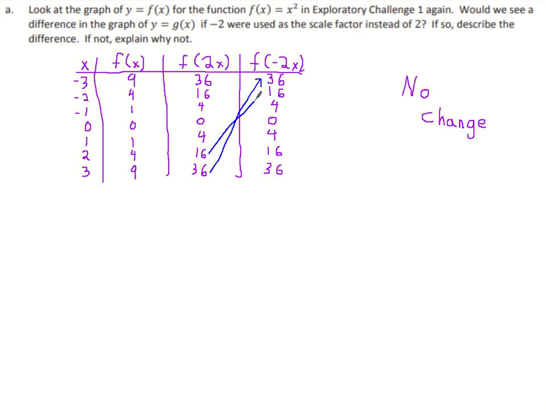This 16 is actually going to be that one. This 4 is that 4. 0 is still 0. This 4 is actually that 4. This 16 is actually this 16. And this 36 is actually going to be this 36. Everything technically flipped.